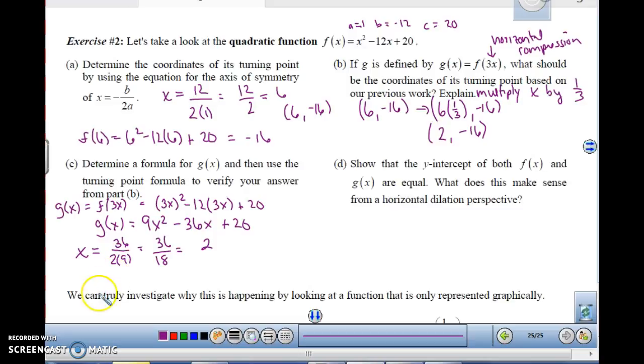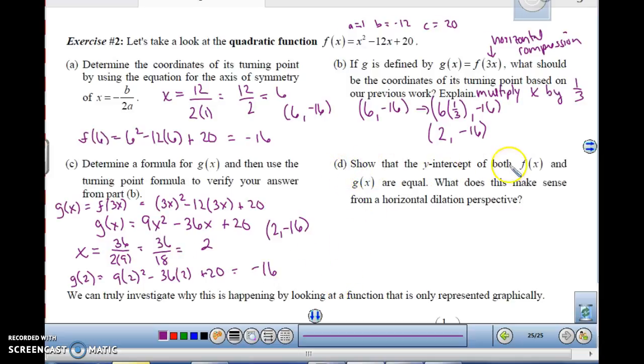And then for y, g of 2 will equal 9 times 2 squared minus 36 times 2 plus 20. 9 times 2 squared, which is 4, is 36, minus 72 is negative 36, plus 20 is equal to negative 16. So this still gets to negative 16. So there we go. So we use the formula here. This would be g of x. It would be a horizontal compression. It would be narrower than the original.